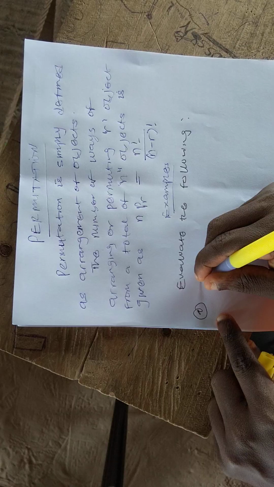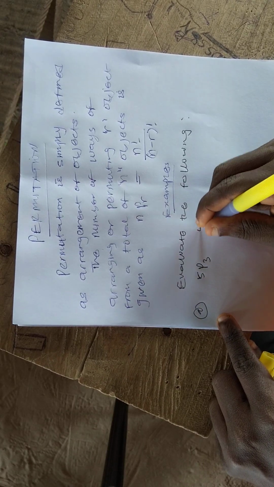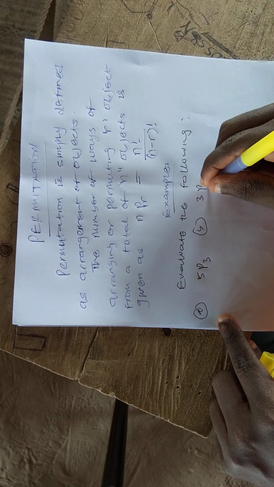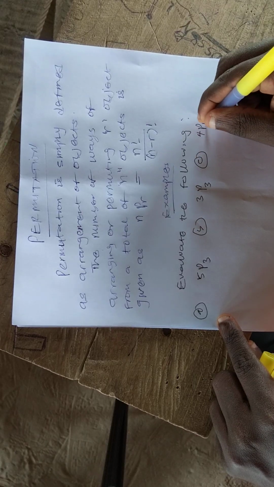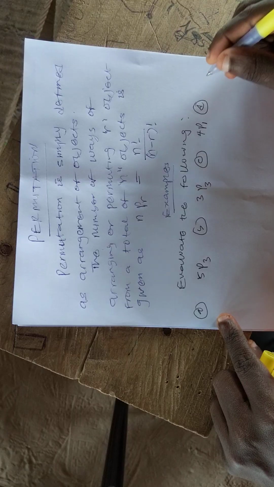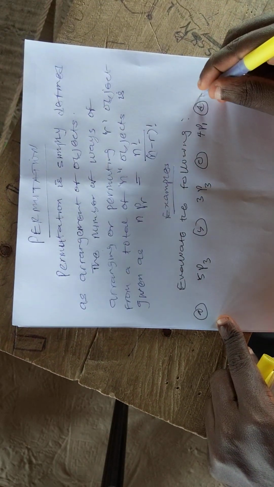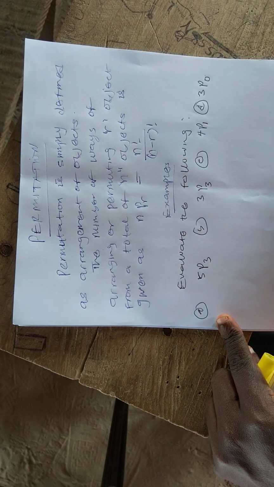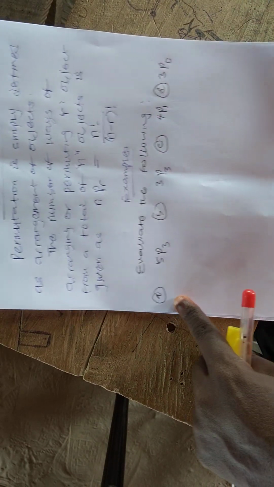A, 5 permutation 3; B, 3 permutation 3; C, 4 permutation 1; then D, 3 permutation 0. So let's take solutions on the following.